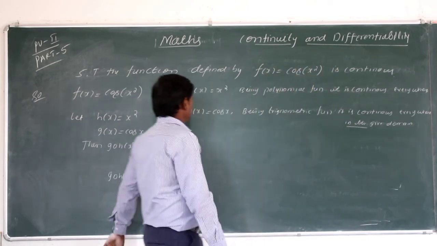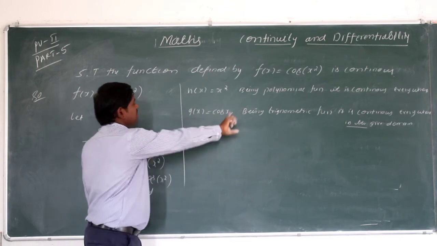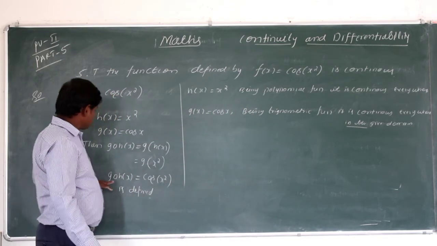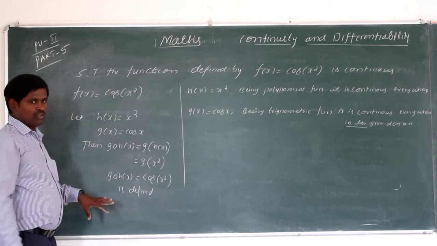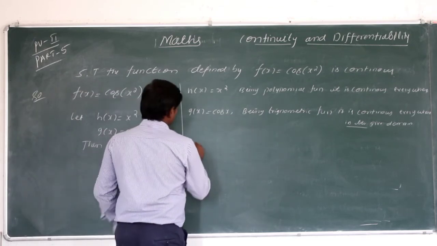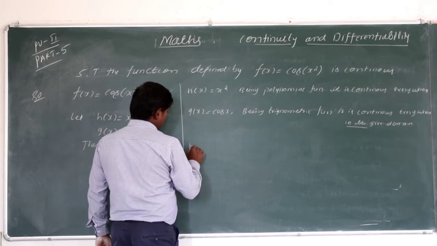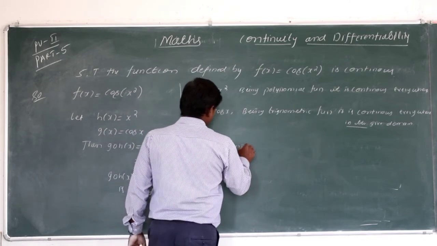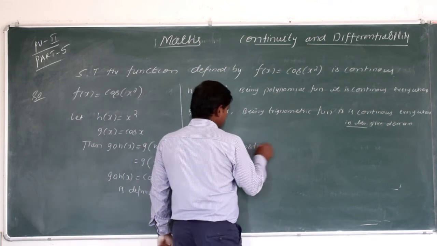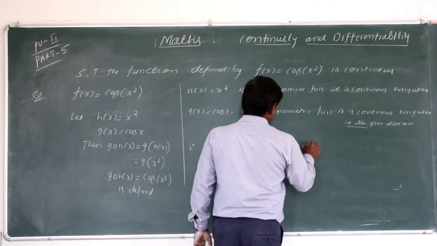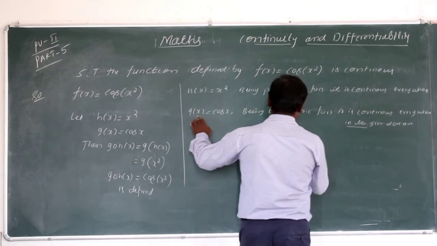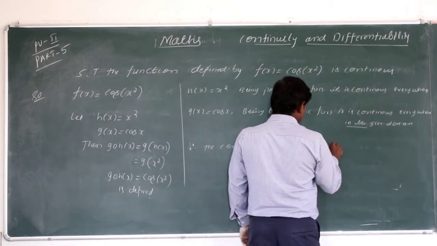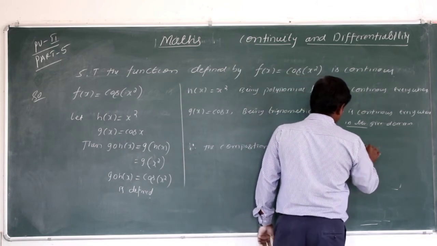So h of x is continuous, g of x is continuous. Both are continuous functions and g circle h of x is defined. So the composition of two continuous functions, that is the composition of h and g, is also continuous.